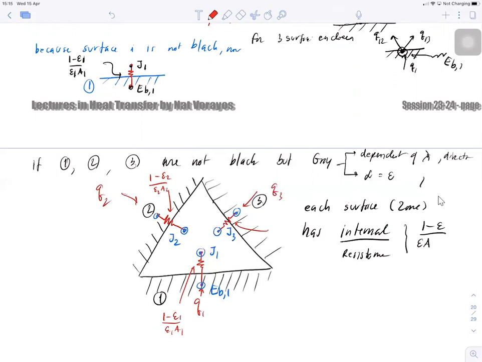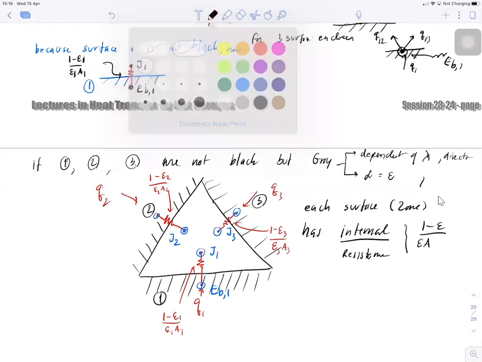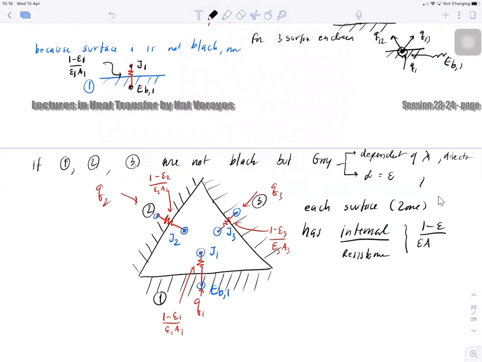And this resistance is 1 minus epsilon 3 over epsilon 3 A3.